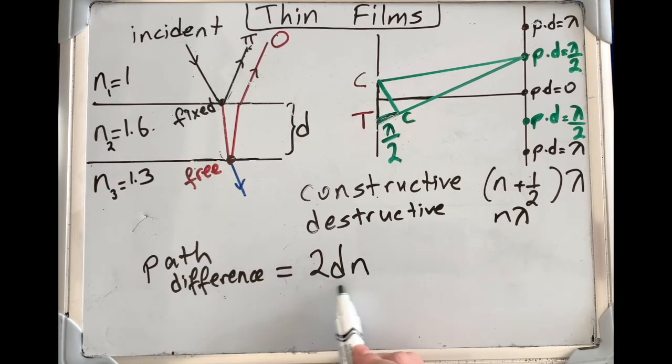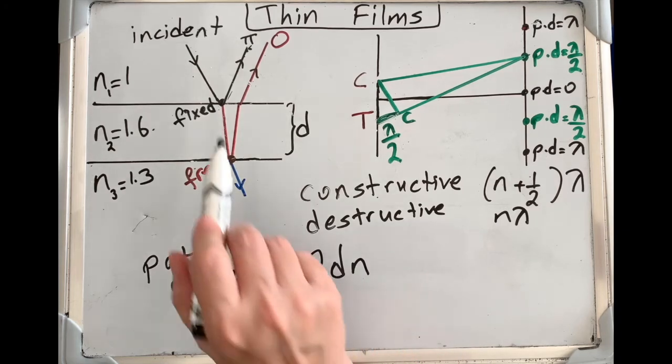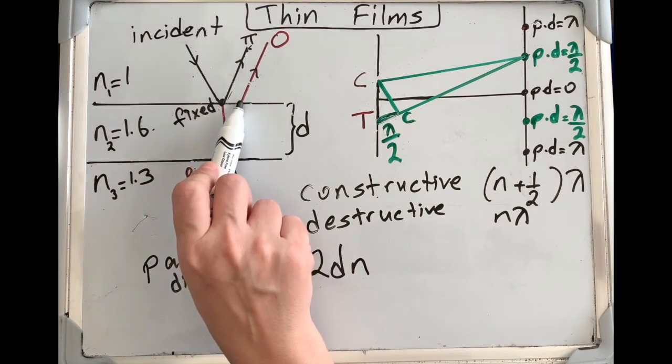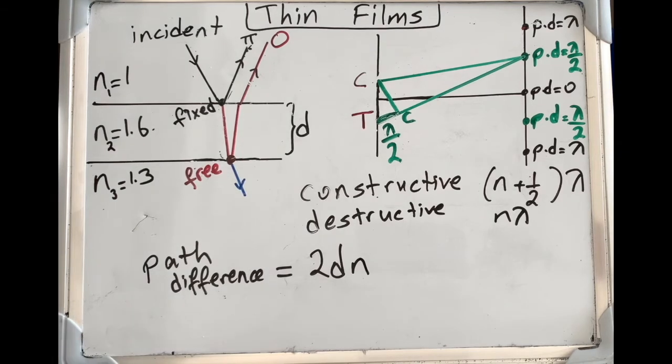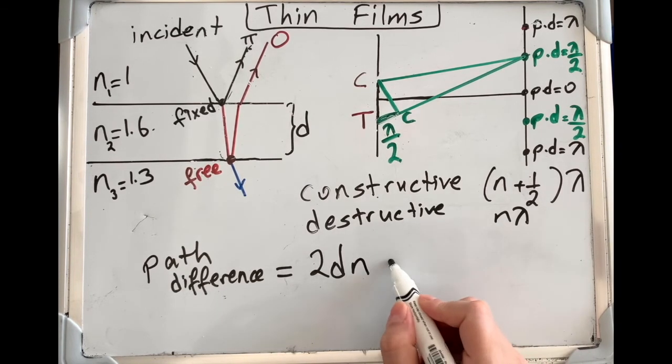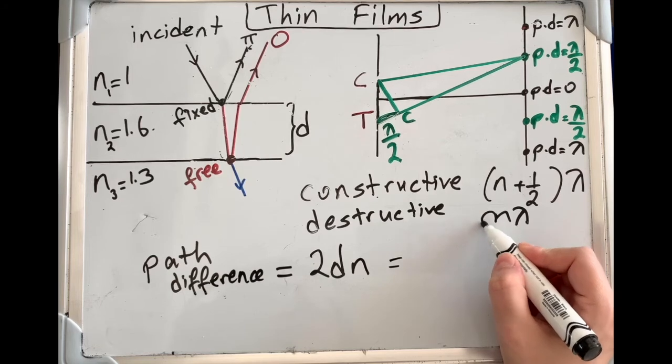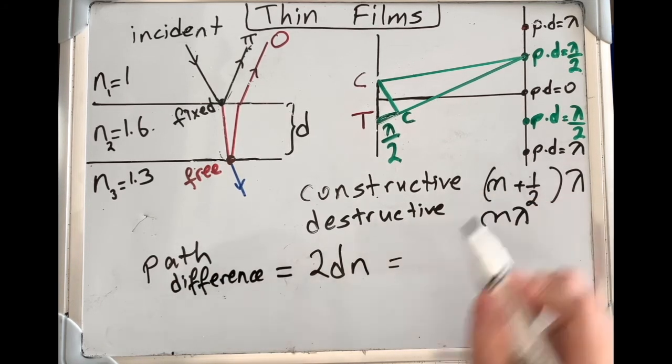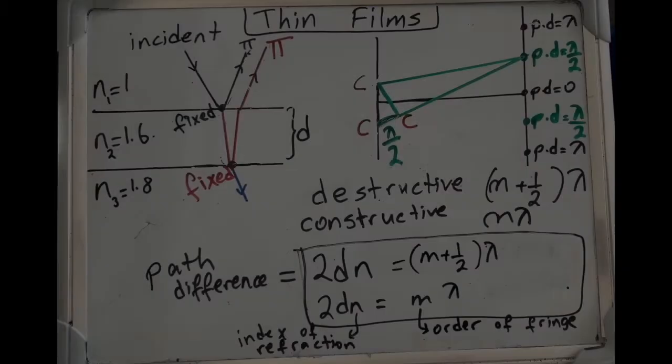So now this is how much further the first ray travels by the time the second ray reaches the top surface, 2dn. And since I'm using n here, we're now going to replace n with m so that we don't get confused.